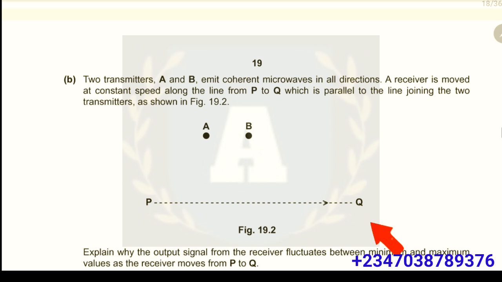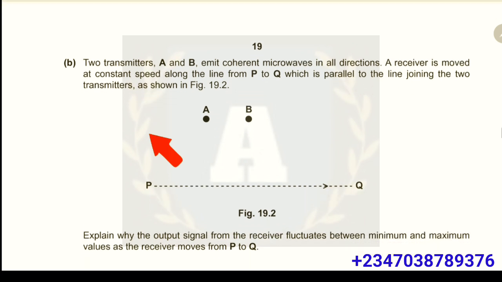Now, the B part of the question says two transmitters A and B emit coherent microwaves in all directions. A receiver is moved at constant speed along the line from P to Q, which is parallel to the line joining the two transmitters, as shown in figure 19.2.